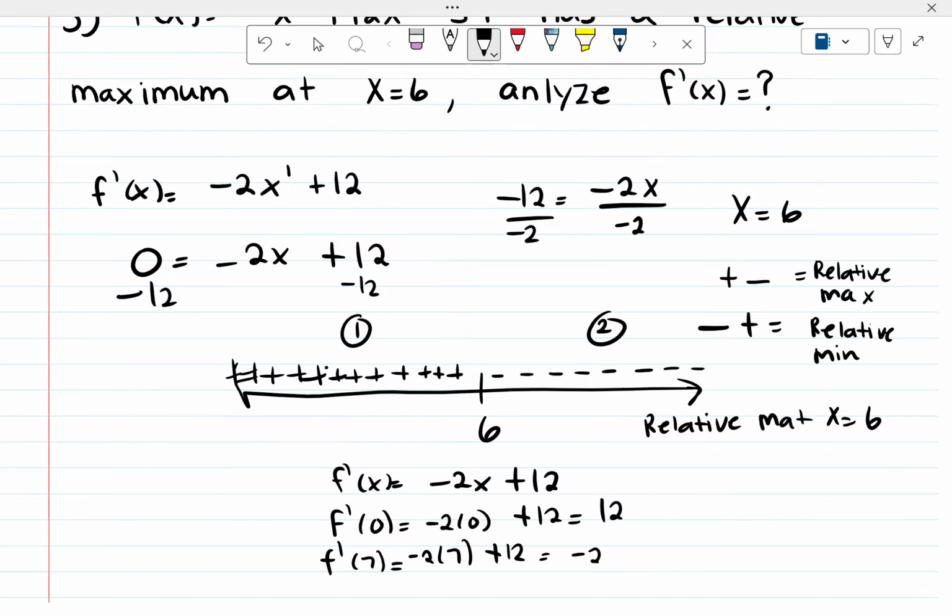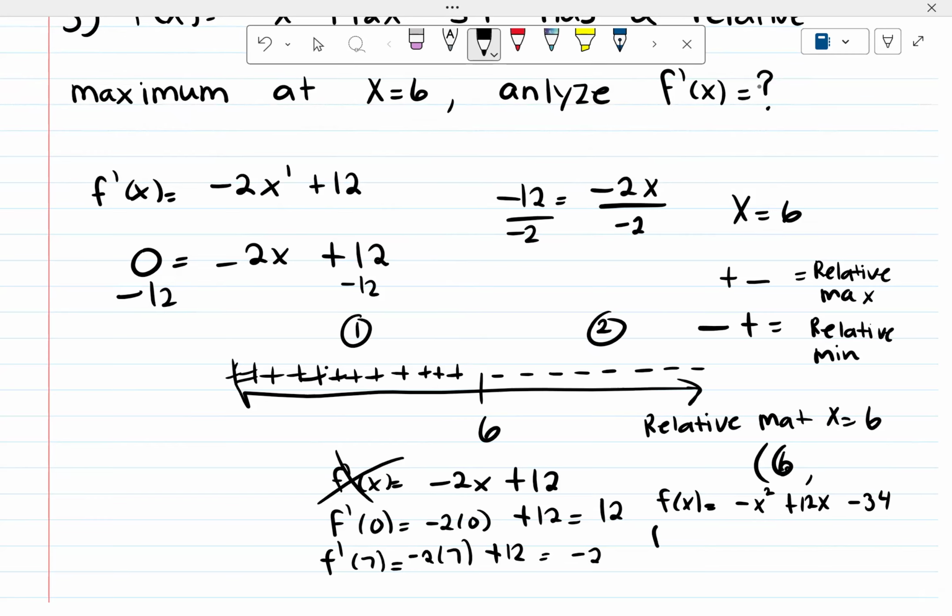So we found the x coordinate, which is 6. Now, how do you find the y coordinate? All you've got to do is plug that back into your regular f of x. So don't put it in f prime. Put it in regular f of x. So f of x is negative x squared plus 12x minus 34.